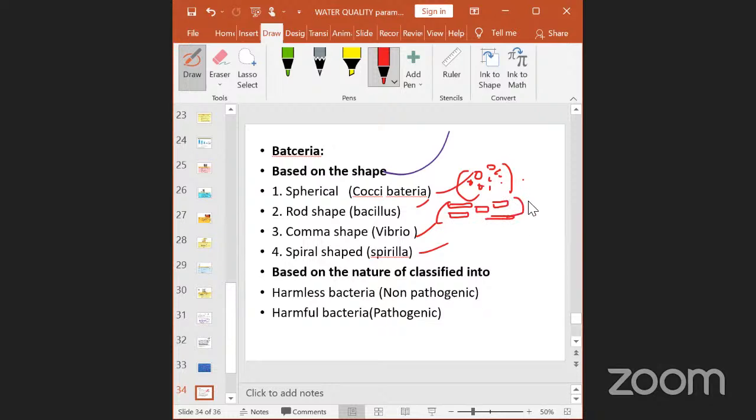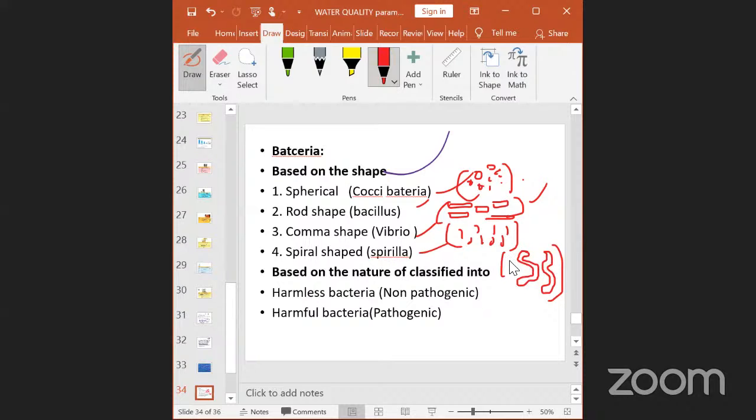Comma shape, you all know a comma. And the last one is spiral shape, which is also called spirilla.